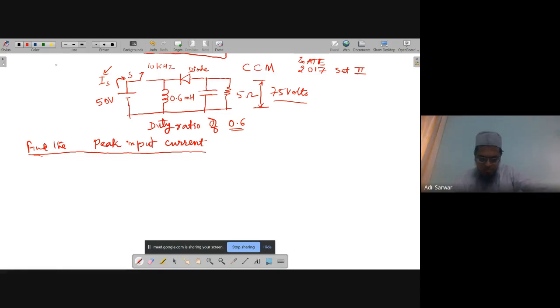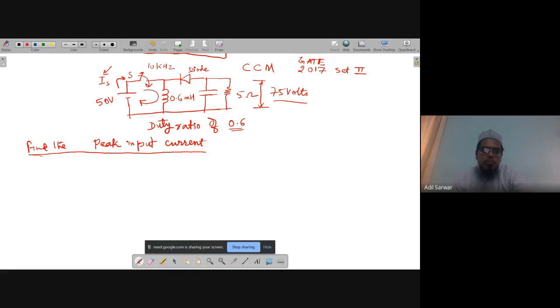So one thing to note here, the current will only be flowing in the circuit when the switch is closed, isn't it? So peak input current would only be occurring when the switch is closed, and when the switch is closed, the current will be flowing here in this loop, and this diode won't be conducting at that time, isn't it?